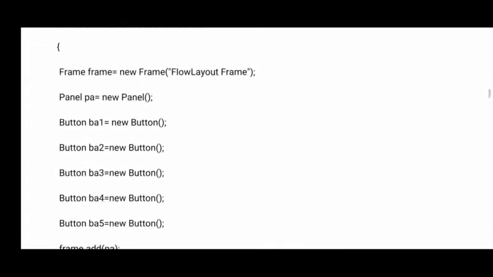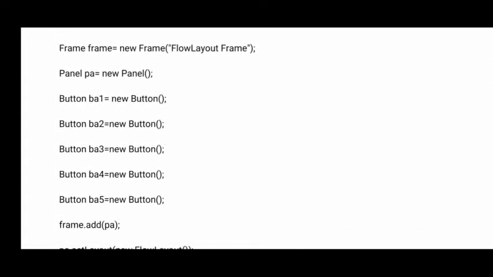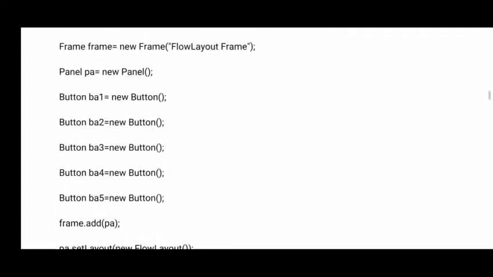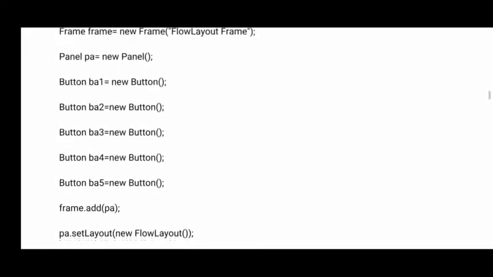Now here, first I am creating a frame object. Next I am creating a panel, and you see how many buttons I am creating? 5 buttons: BA1, BA2, BA3, BA4, BA5. These 5 buttons are the objects of the button class.